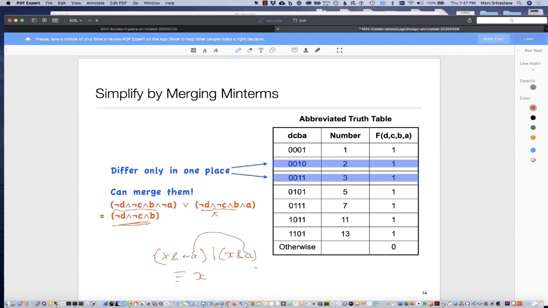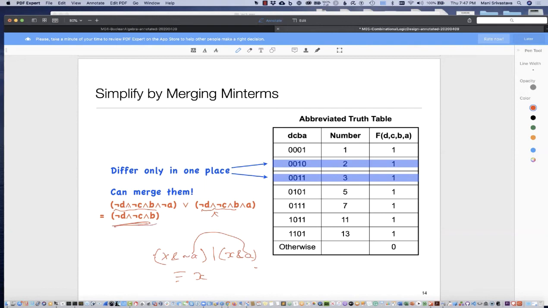So this A and not A, they are merging together. So things which differ only in 1 bit, minterms corresponding to row numbers where inputs are differing only in 1 bit, I can reduce them. So I get this.